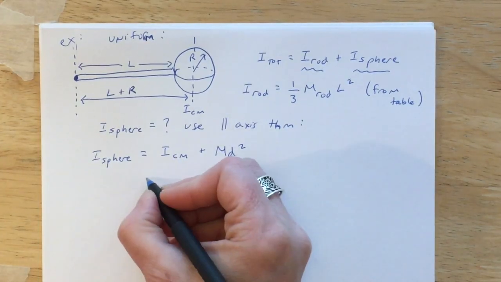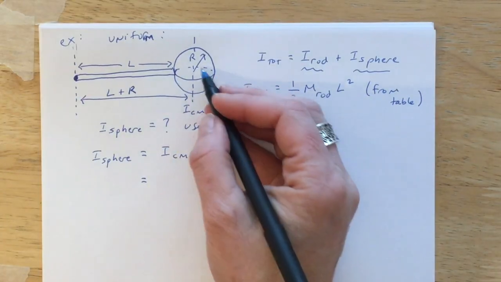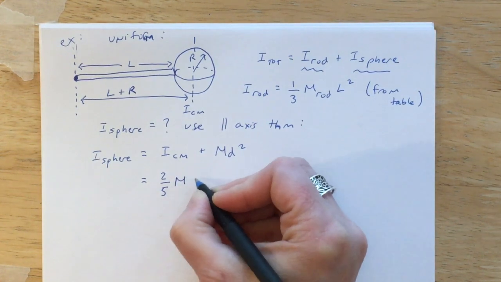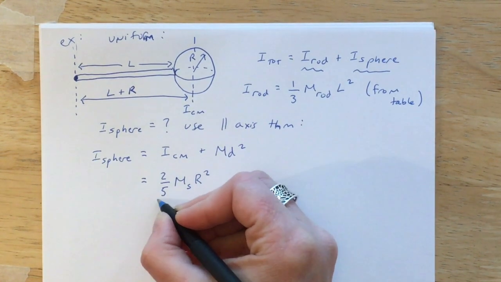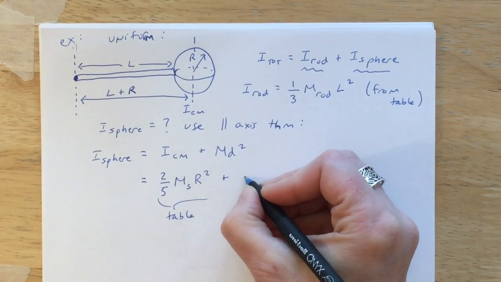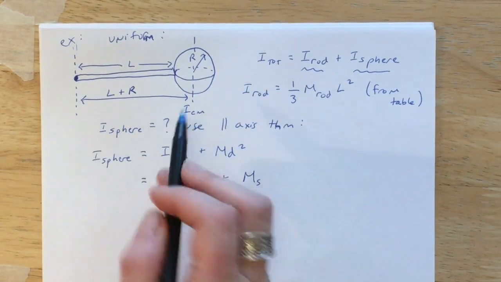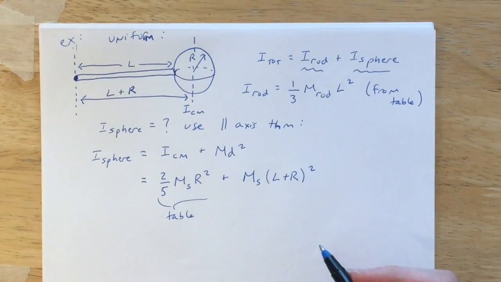So I_CM will be the moment of inertia for a uniform solid sphere rotated around its center, and as we saw in the previous example, that comes from the table as 2/5 mass of the sphere times r squared. So again, that came from the table, plus the mass of the sphere times d, the distance between the two axes, so L plus R quantity squared.